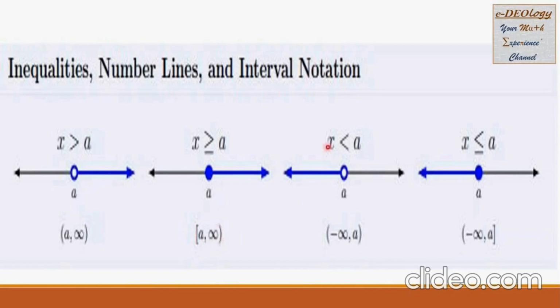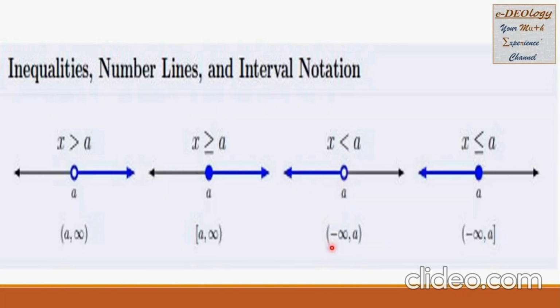The third form is x is less than a. The reference number a is here, and then all numbers that are less than a are those numbers on the left of a. And this is going to negative infinity, the lowest number, and this is never ending, so we put the negative infinity.